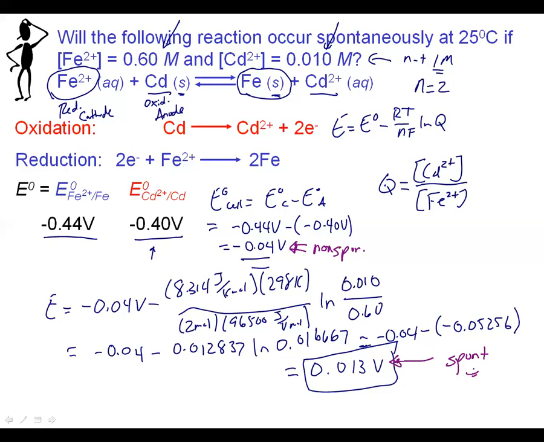Not by a lot, 0.01 volts, that's not a lot of voltage. But technically speaking, we do have positive voltage at this point. By playing with the concentrations, we were able to increase the voltage by about 0.05 volts or so. And we did get to a positive voltage. Any questions on any of that calculation there?